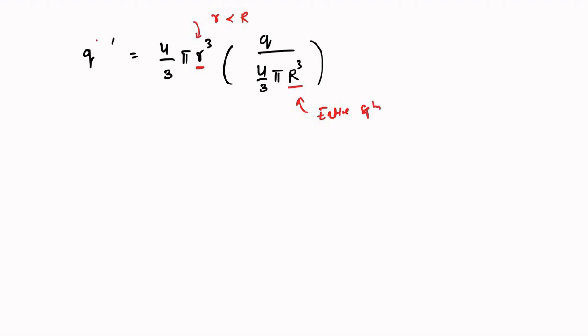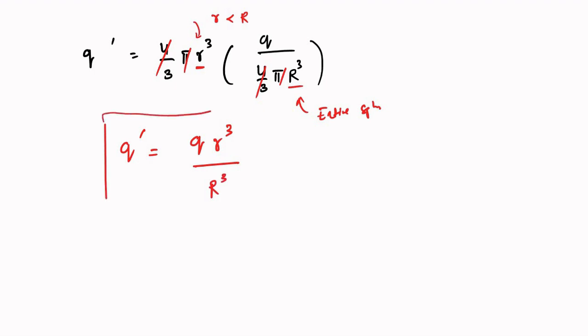So 4 by 3 gets cancelled, pi gets cancelled, so q dash, that is the charge enclosed by the Gaussian surface, is equal to q small r cube by capital R cube.